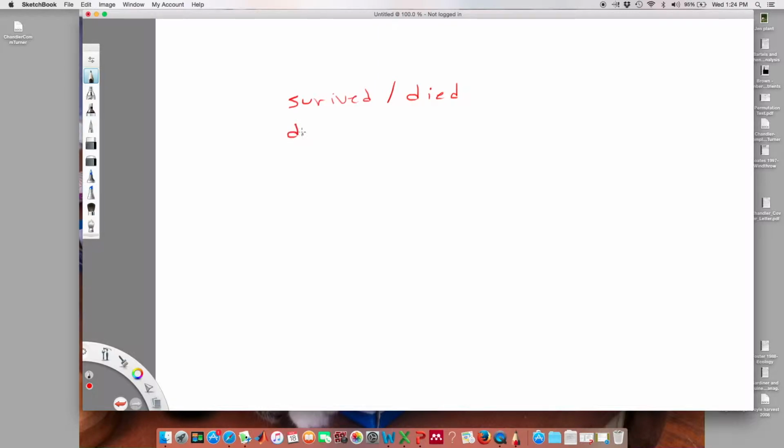Also, diseased or not diseased. So think about getting a common cold or a flu. Does the probability of getting a cold vary based on someone's age? Eaten or not eaten, so that's predated.